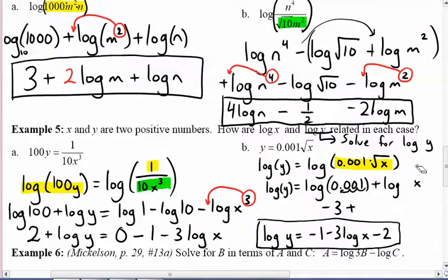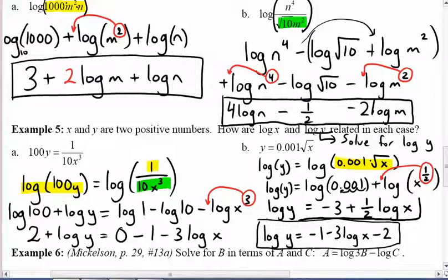And root x is the same as x to the power of a half. So using the power law, I can put that half at the front of the logarithm and make it half log x. So log y is negative 3 plus half log x. And that would be the final answer. And that's all in base 10.